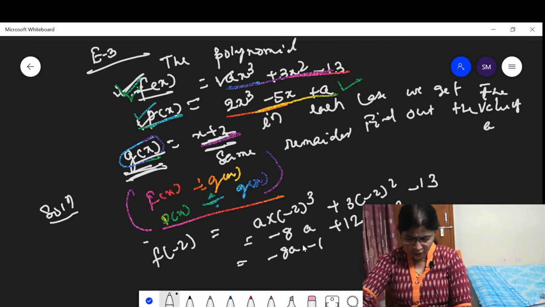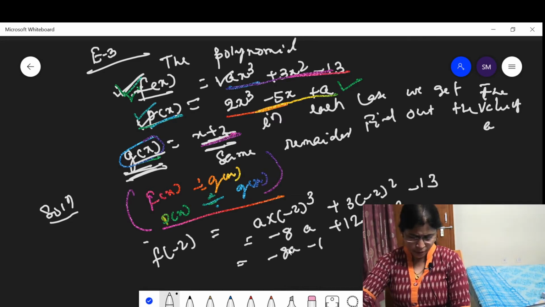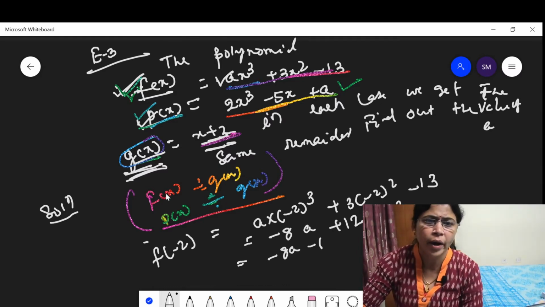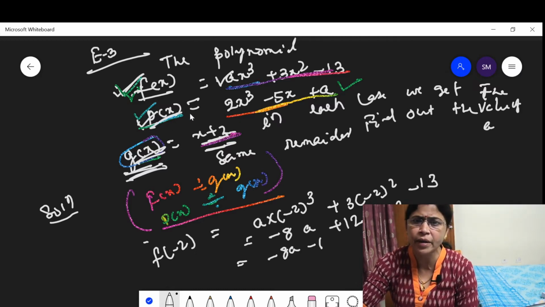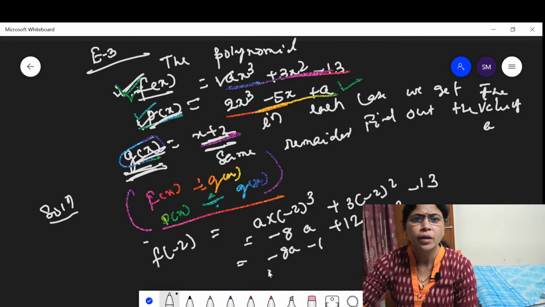And in the other case, when p(x) is divided by g(x), p of minus 2 is equal to 2 into (minus 2) whole cube minus 5 into minus 2 plus a.